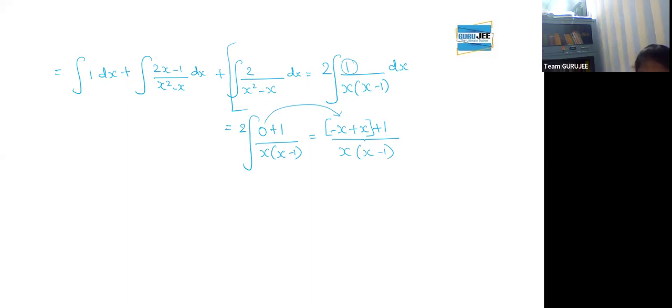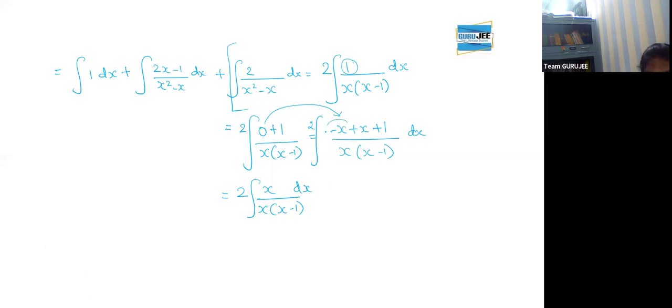Fine. It's a mere adjustment. dx. Now splitting these two, again I will get equal to 2 integral of x by x minus 1 dx. In between I have a plus.